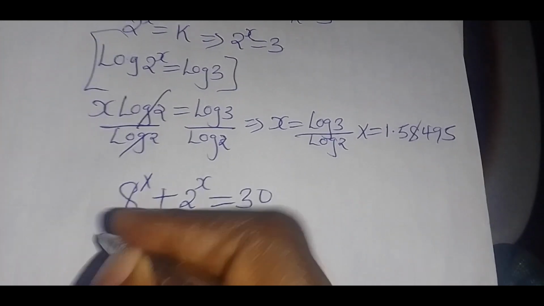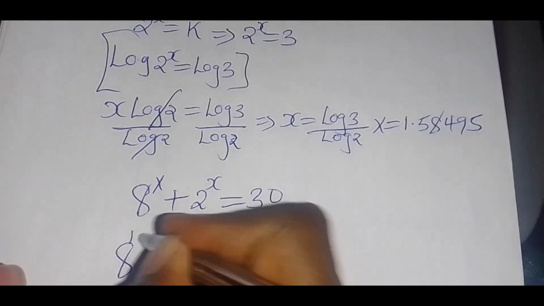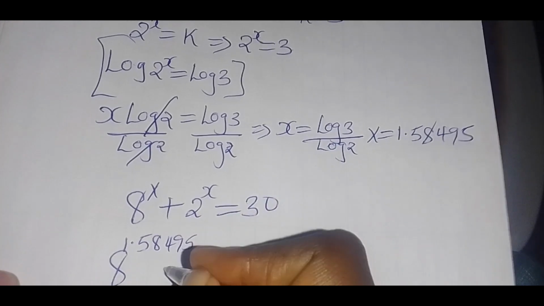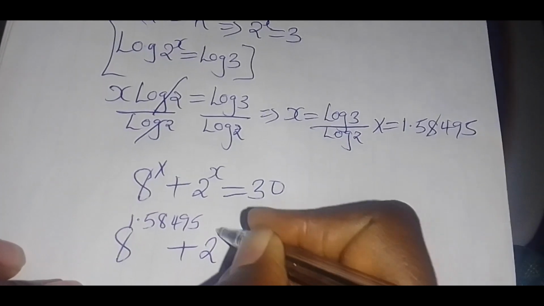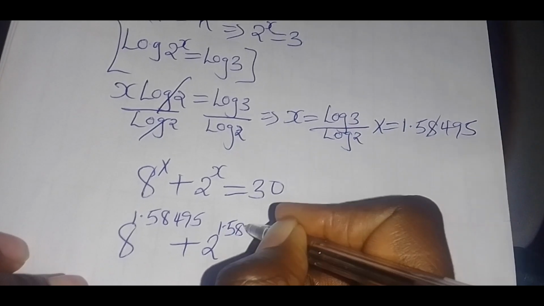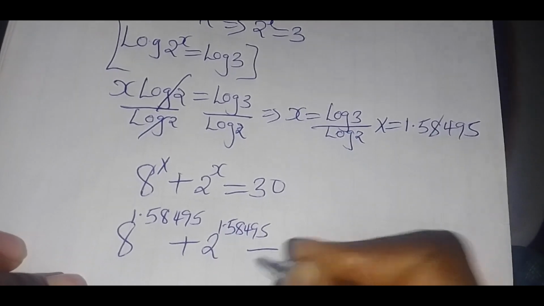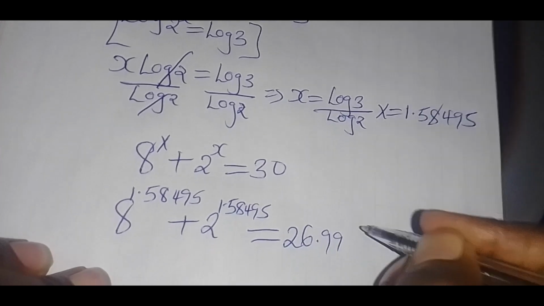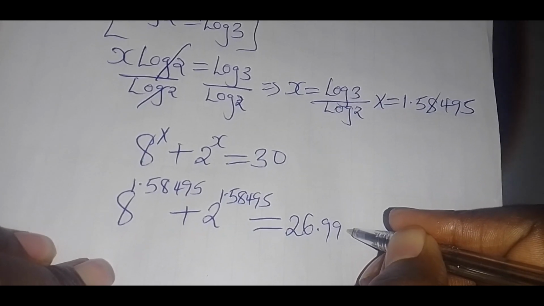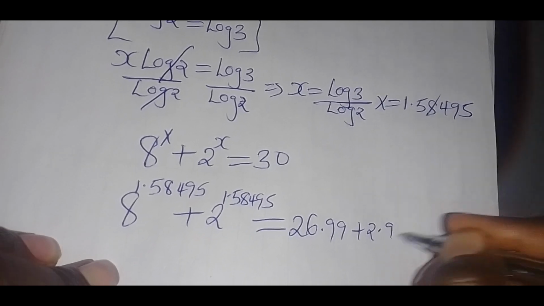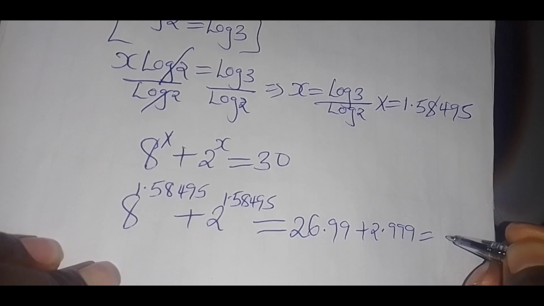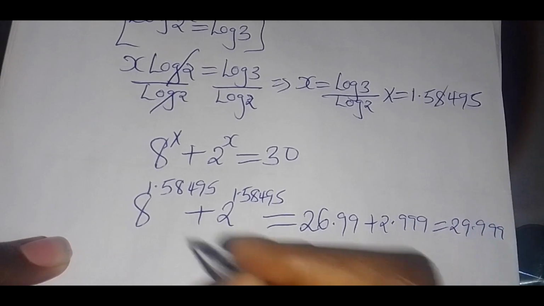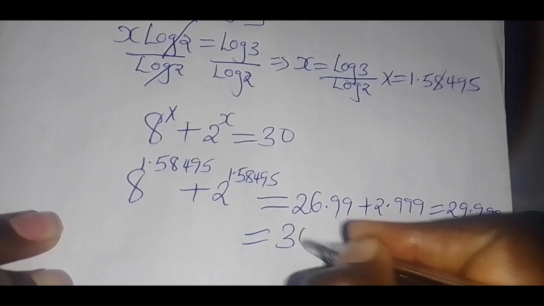So we are going to have 8 raised to power 1.58495 plus 2 raised to power 1.58495, and this is equal to 26.99 plus 2.999. This is approximately equal to 29.999. So if you round this off, it is going to give us 30.